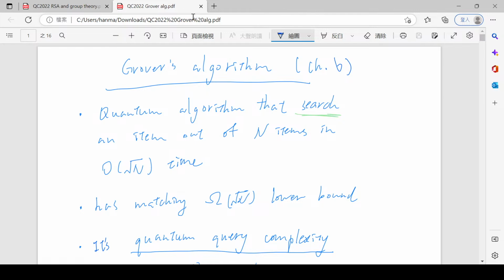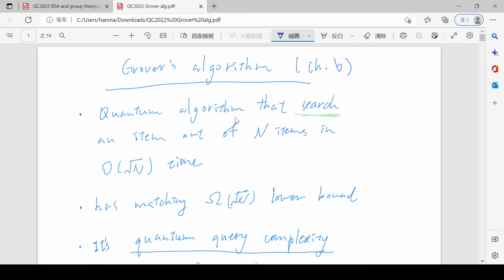Now we are going to talk about Grover's algorithm. It has quite a different flavor from Shor's algorithm. Shor's algorithm can be generalized to factoring and mathematical problems that have similar structure.